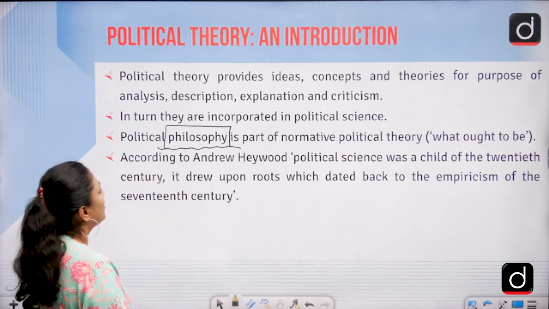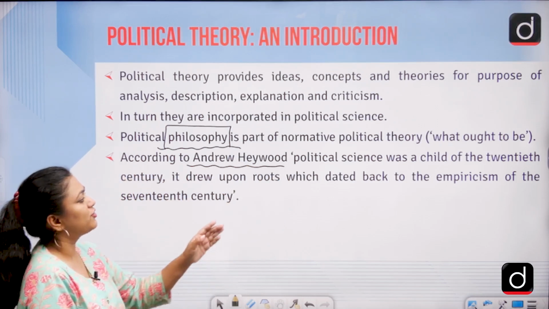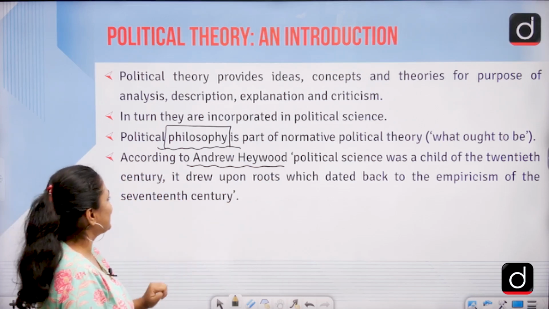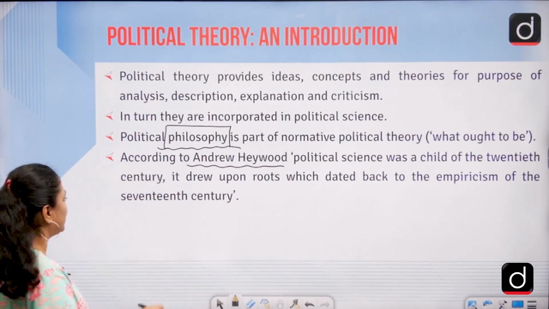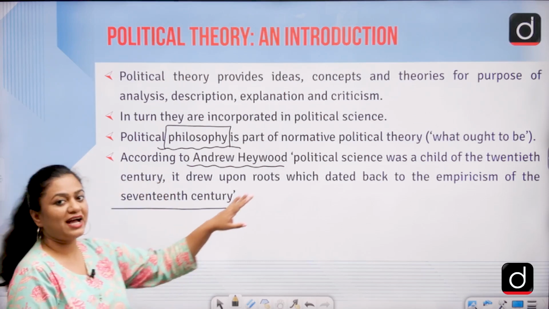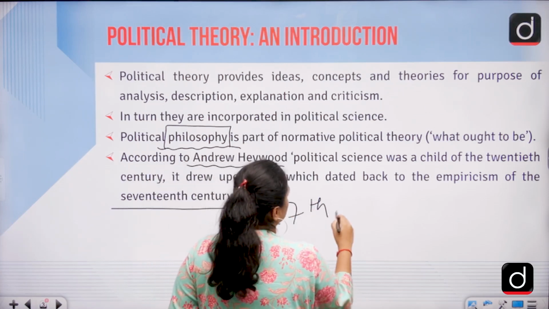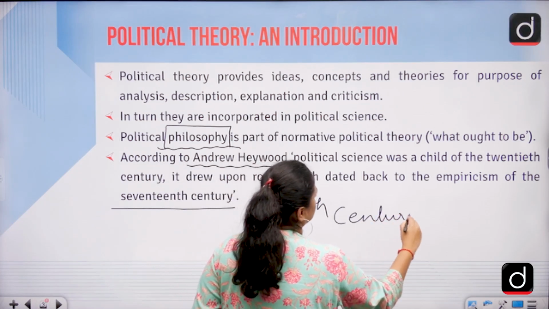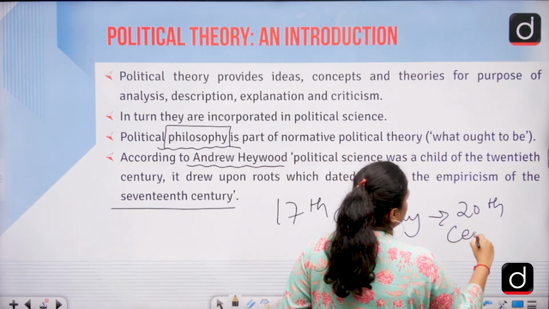According to Andrew Heywood, political science was a child of the 20th century. It drew upon roots which dated back to the empiricism of the 17th century. Here he is linking the 17th century with the 20th century.